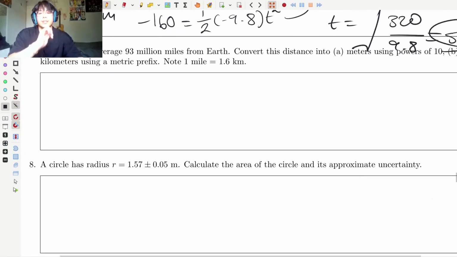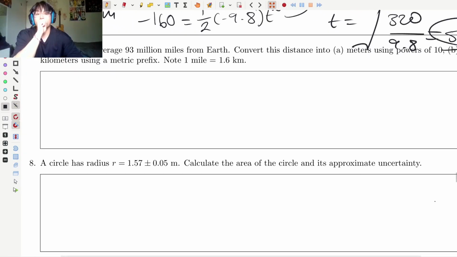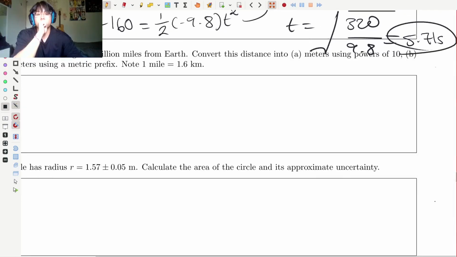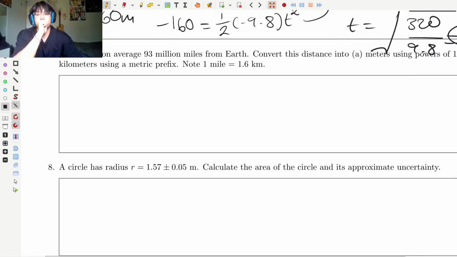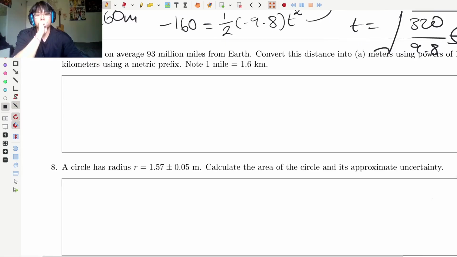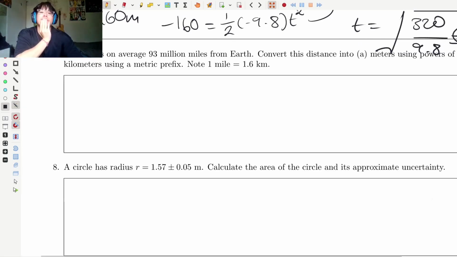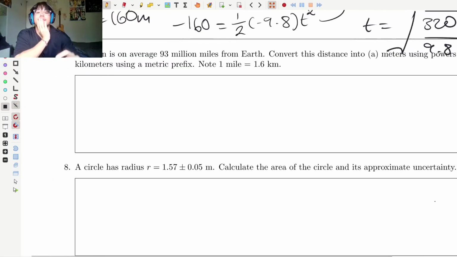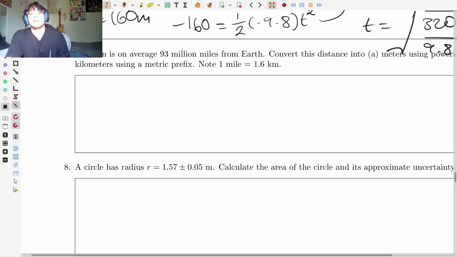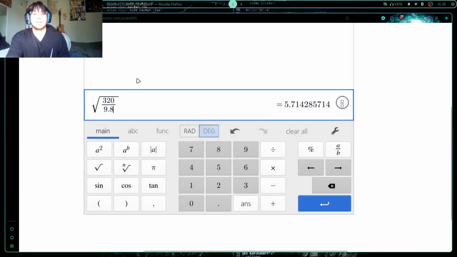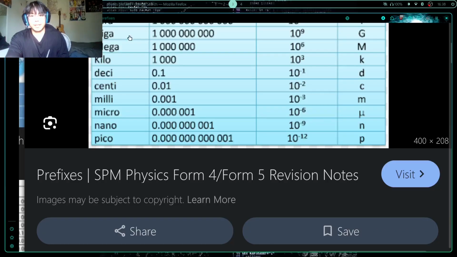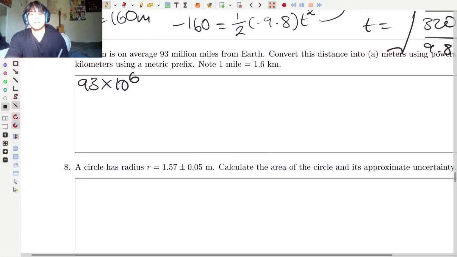Okay, the sun is on average 93 million miles from Earth. Convert this distance into meters using powers of 10, and into kilometers using a metric prefix. So 1 mile is 1.6 kilometers. To get this value into kilometers, we do 93 times 10 to the 6, because we can look here and see that a million corresponds to a mega, which is 10 to the 6.